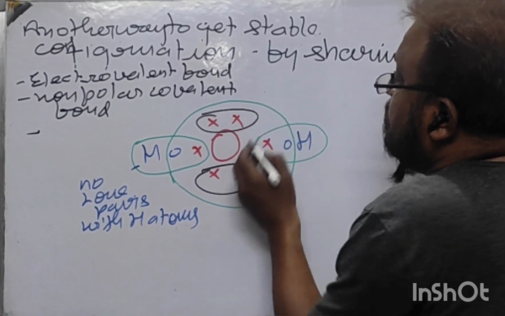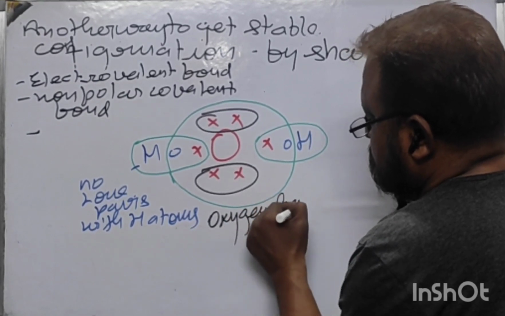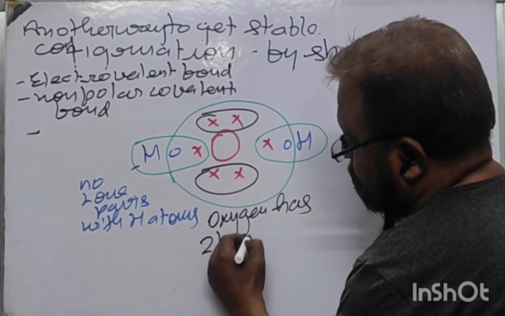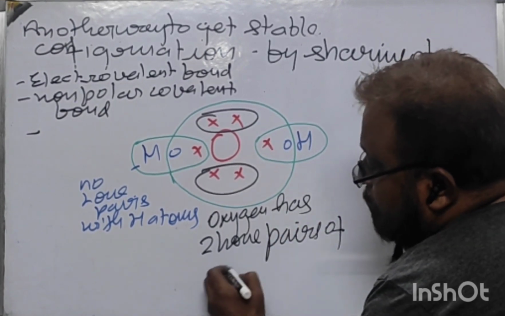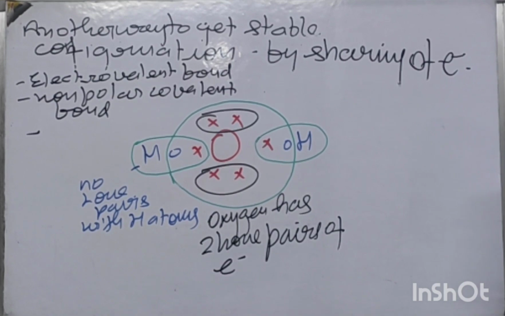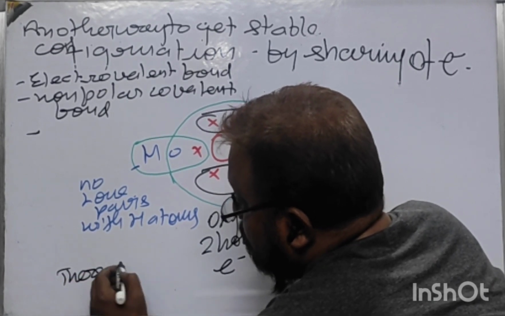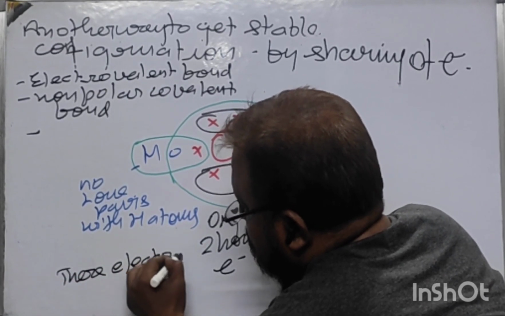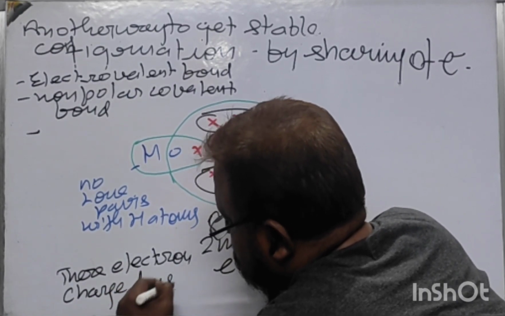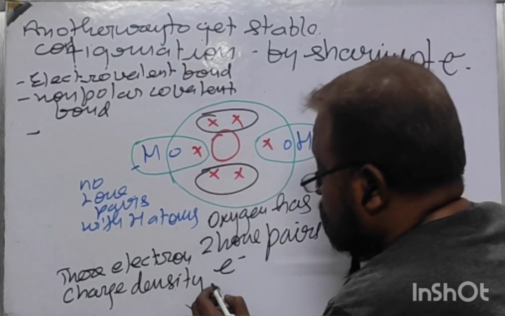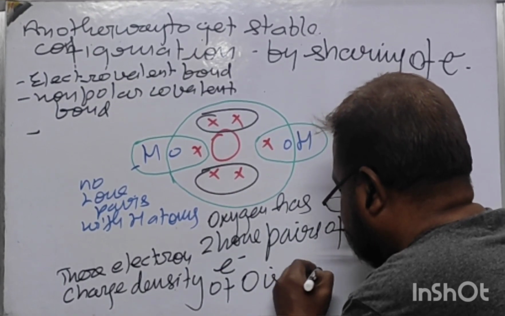So oxygen has two lone pairs of electrons. Therefore, the electron charge density of oxygen is more, right?